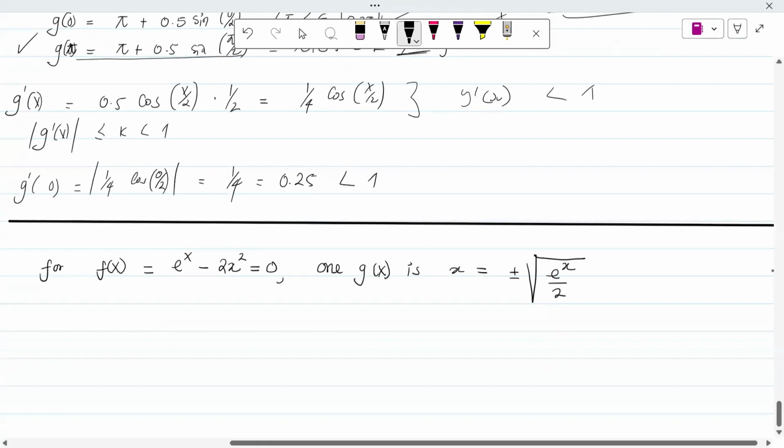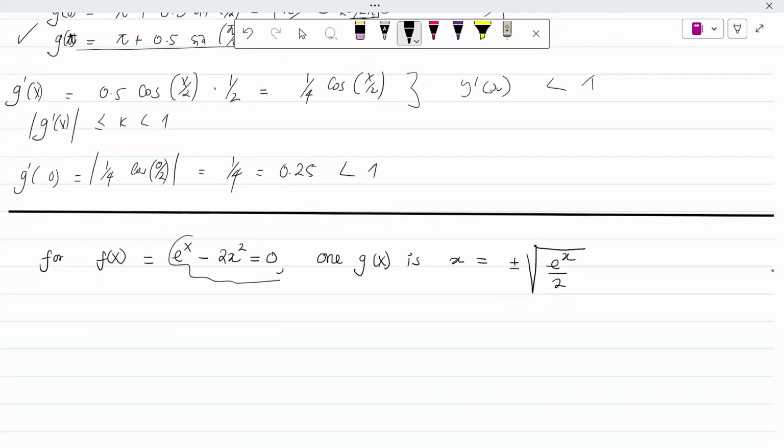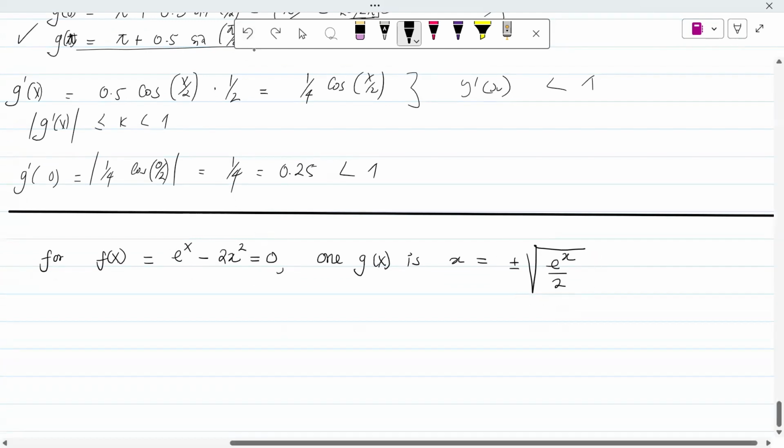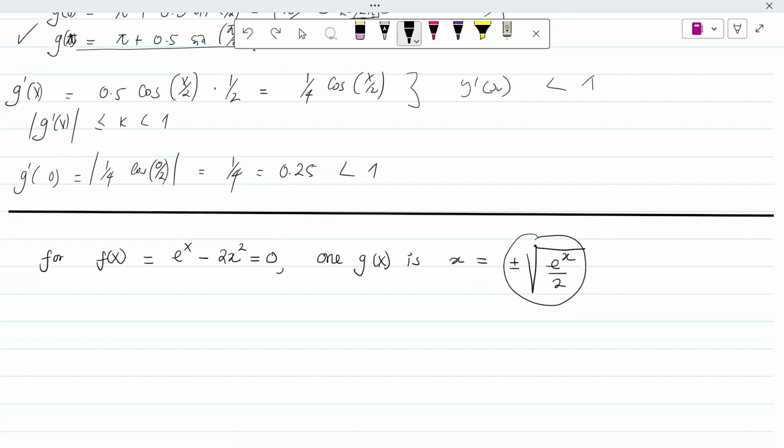When you solve for x squared from this equation, you get this arrangement. So now this becomes x is equal to g of x, and our g of x is this. So I've managed to arrange that equation in the form x is equal to g of x.